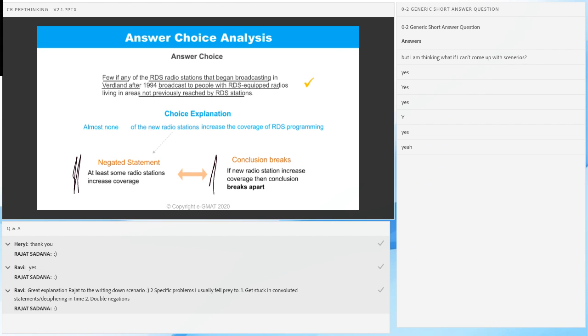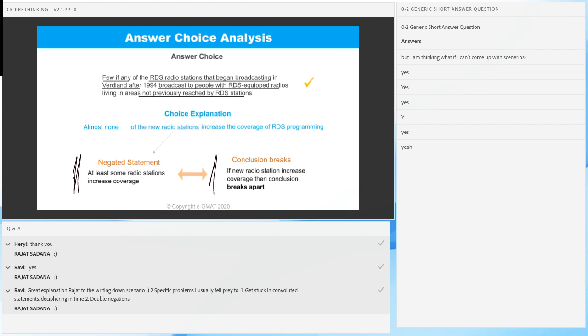The whole point of visualizing the argument and creating that logical structure is that you can understand the relationships that the author is using to arrive at his conclusion. Because if you can understand those relationships, you can pre-think.